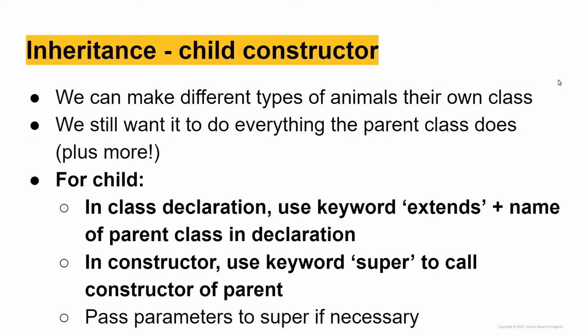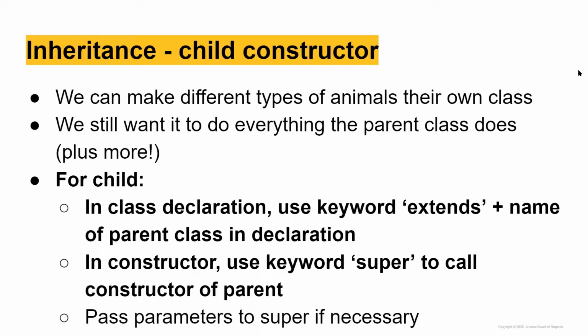We can make different types of animals their own class, like I mentioned before, but we still want it to do everything the parent class does, plus more. That's why we are deriving the child class from the parent class. So in the class declaration, we want to use the keyword extends plus the name of the parent class after the declaration and before that open bracket.